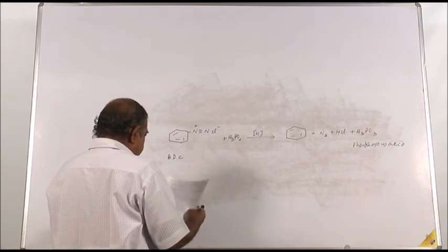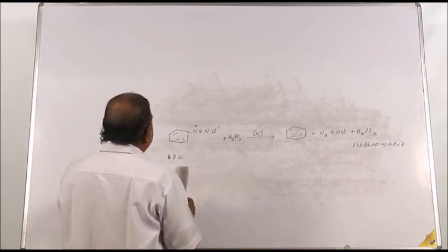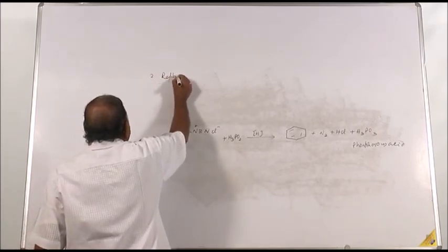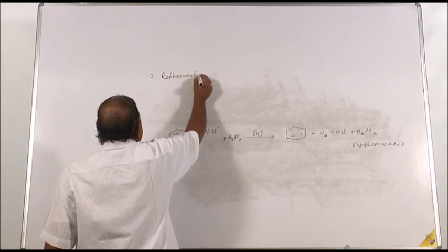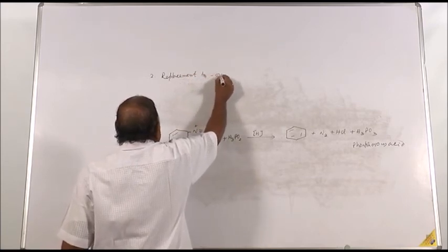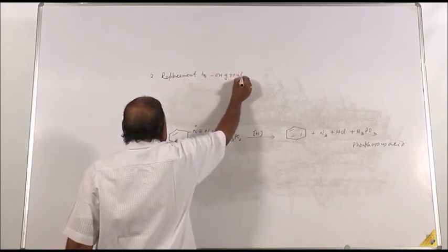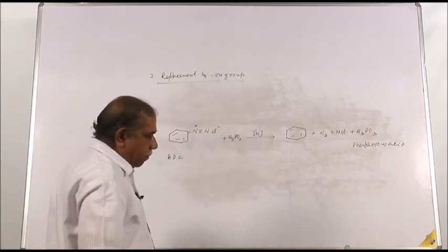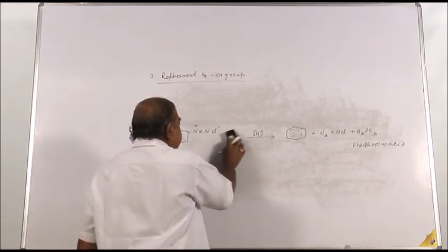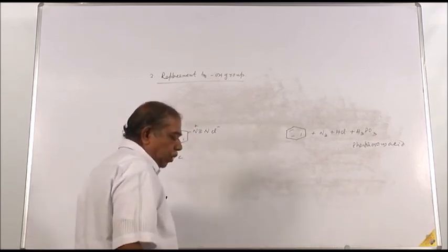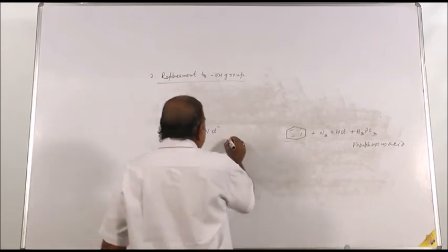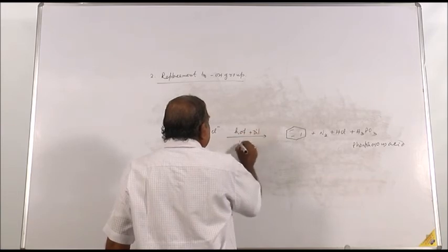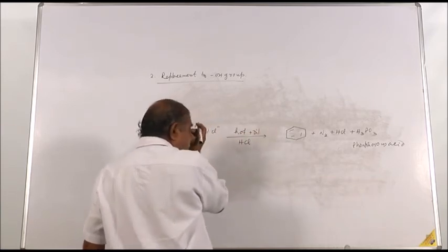Next, the replacement by OH group, second reaction. The diazo group can be replaced by OH group. When benzene diazonium chloride is added slowly to hot dilute hydrochloric acid, you will get phenol.